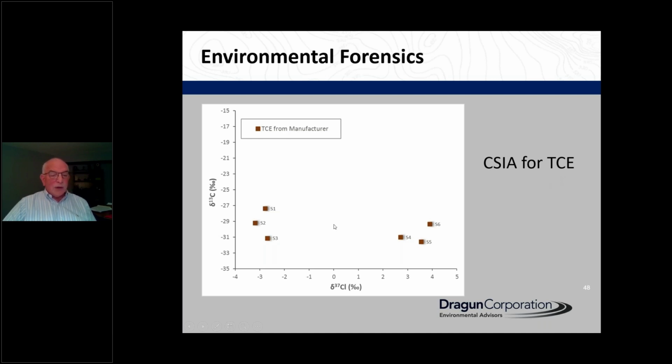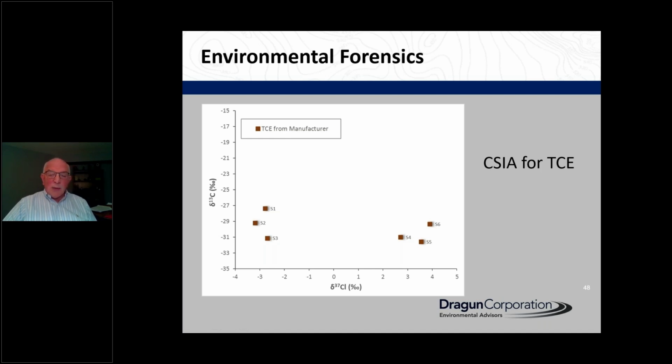And what this shows is the chlorine isotope and carbon isotope concentration of TCE from manufacturers. This is from the literature. There are two groupings that have been reported in the literature. If we could show that one of the hotspots had a different manufactured TCE, that would have been really easy.